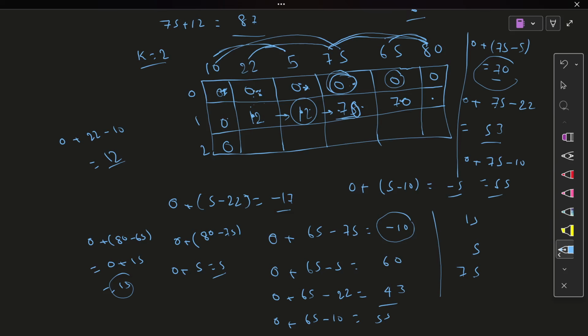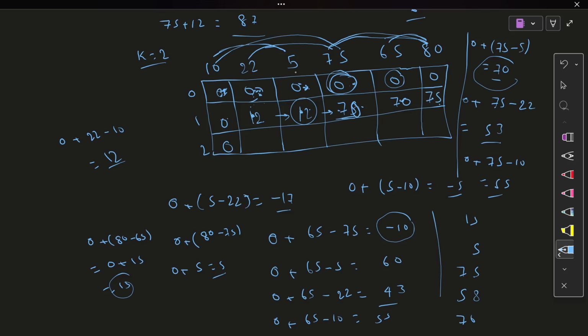Now for this one, 0 plus 80 minus 22, because here we got 0 transactions and 1 transaction. 80 minus 22 means 58. Same for here. 0 plus 80 minus 10, 70. Which one is maximum? 70. We will get 70 rupees.